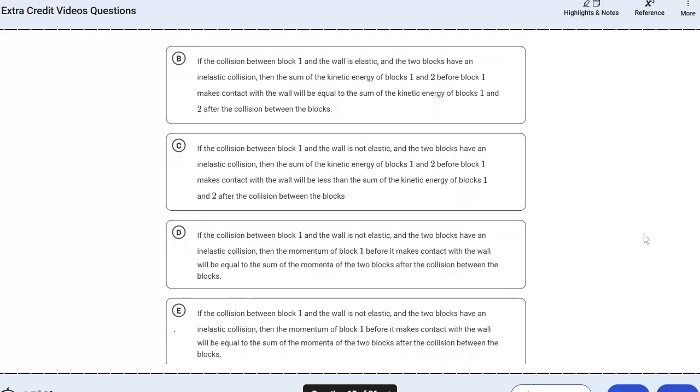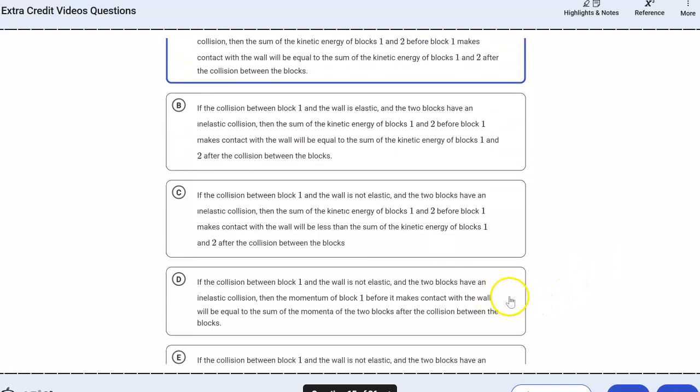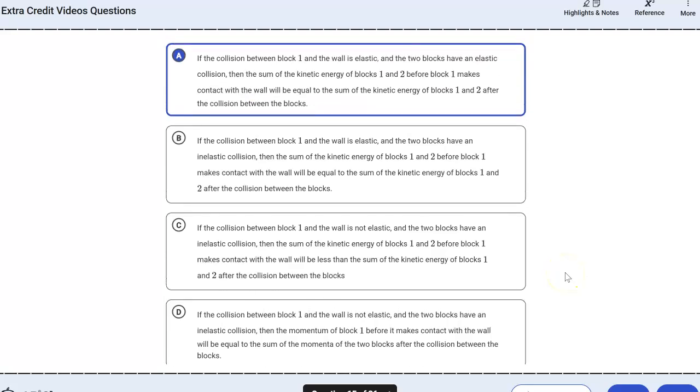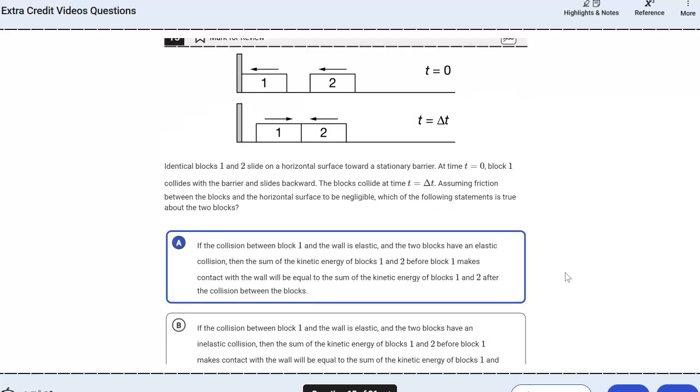So no, that is not true, because although it's not really related to collisions, it would be the sum of the momenta of each block at t equals 0 that would be equal to the sum of the momentum of the blocks at t equals delta t.